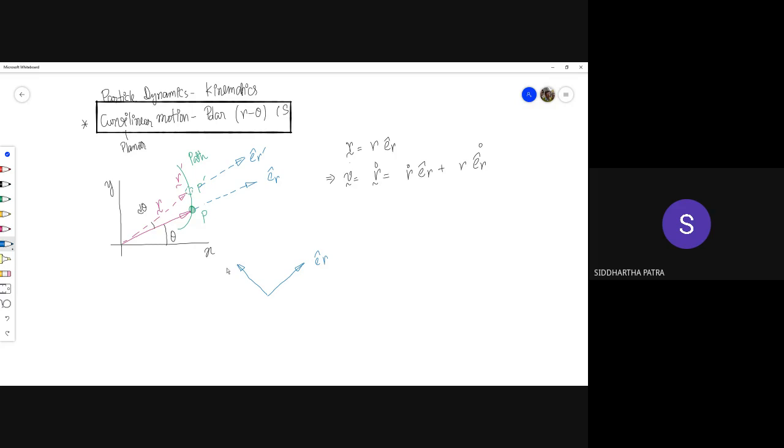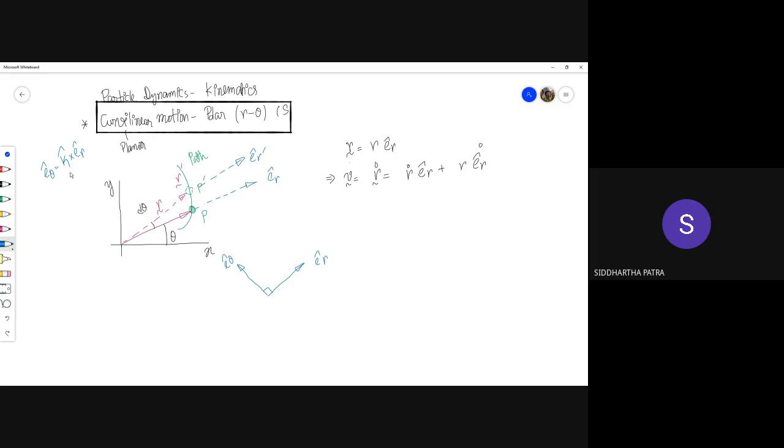So this is how e theta works. e theta is essentially k cross er. Unlike in the normal and tangent coordinate system, where the normal direction is always towards the center of rotation, here it is not mandatory.